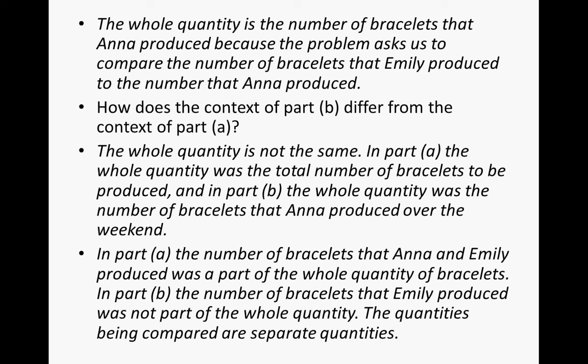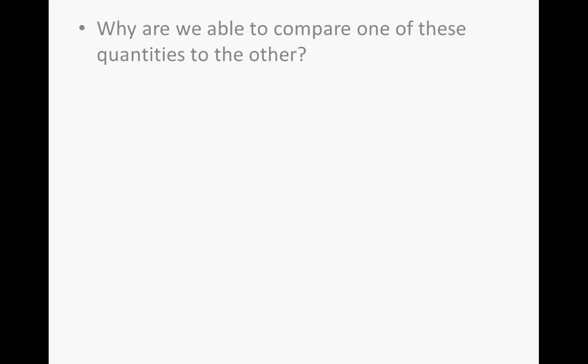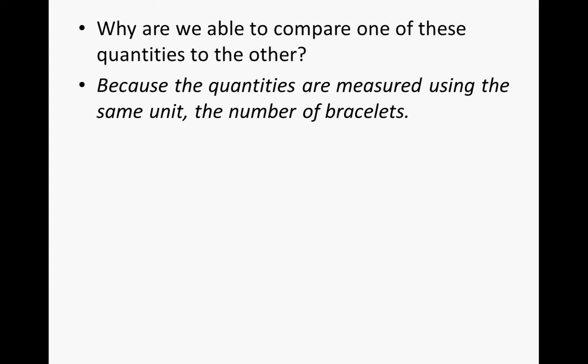In part A, the number of bracelets that Anna and Emily produced was part of the whole quantity of bracelets, and in part B, the number of bracelets that Emily produced was not part of the whole quantity. The quantities being compared are separate quantities. So why are we able to compare one of these quantities to the other? Well, because the quantities are measured using the same unit, which is the number of bracelets.